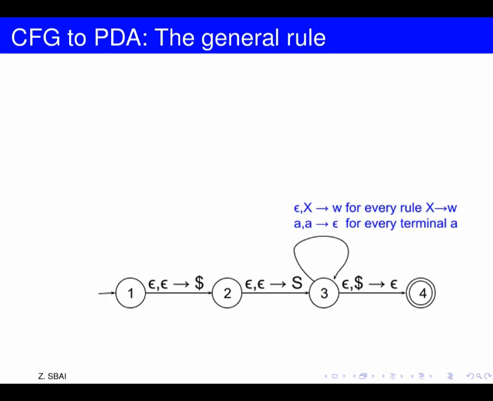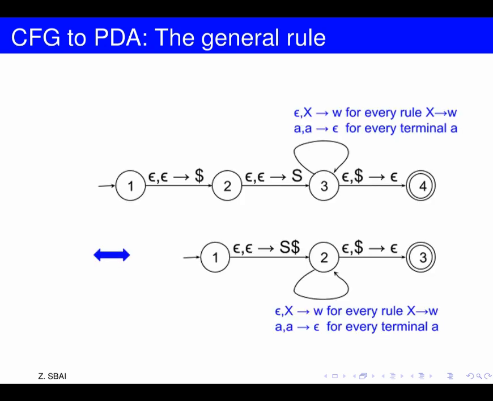So the general rule here, given any context-free grammar, is that we may draw the pushdown automaton in this way, and in this loop, we will write for all the rules X derives w, epsilon, X, push w. Push all the symbols on the right-hand side of the rule. And for every terminal a, we will write read a, pop a from the stack, and push nothing.